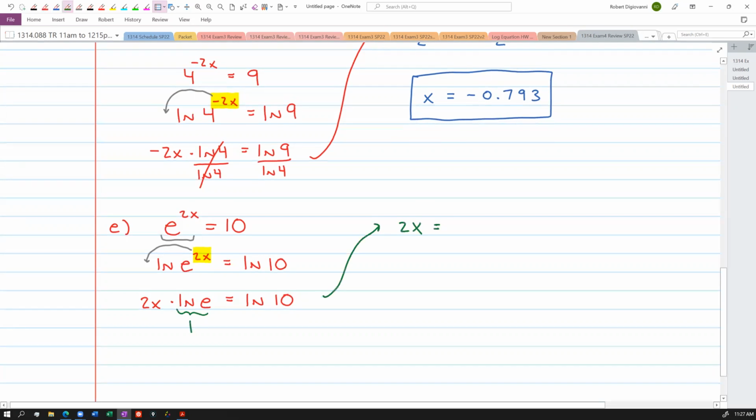And the right side is just natural log 10. So I'm going to do natural log of 10 on my calculator. So 2x equals 2.303-ish. And then divide by 2.